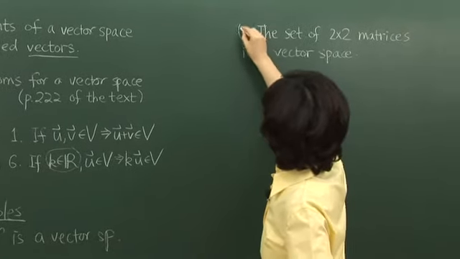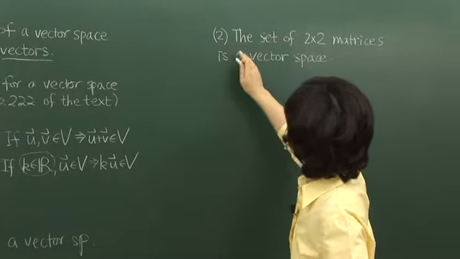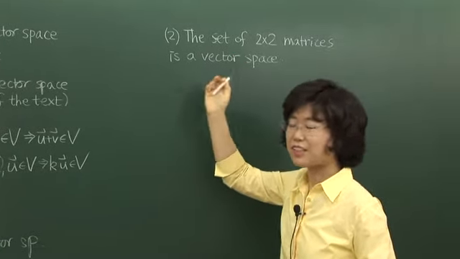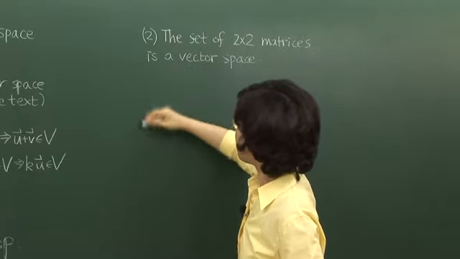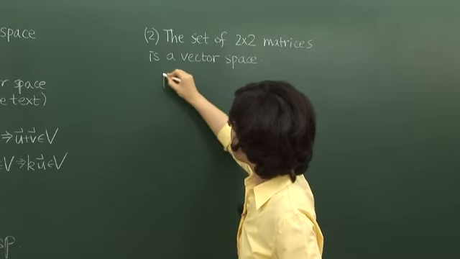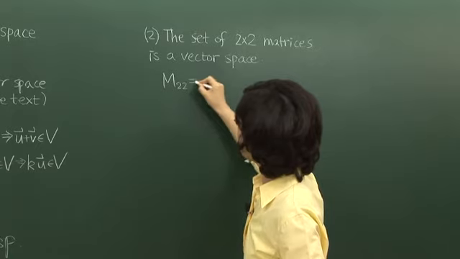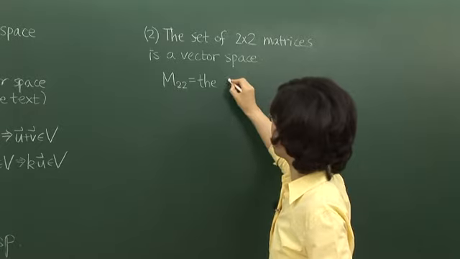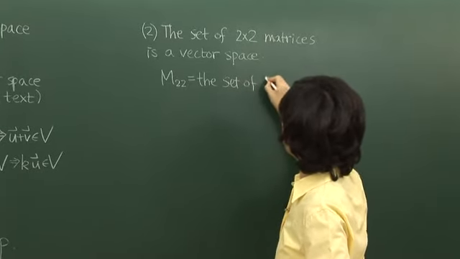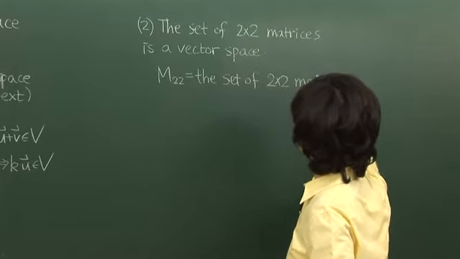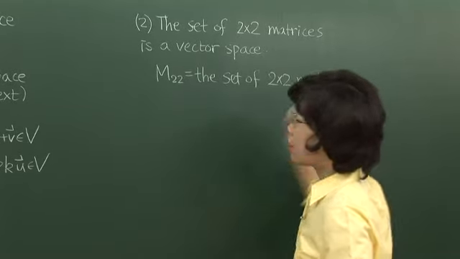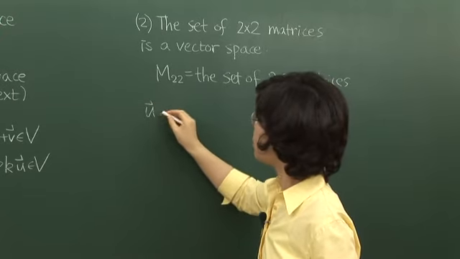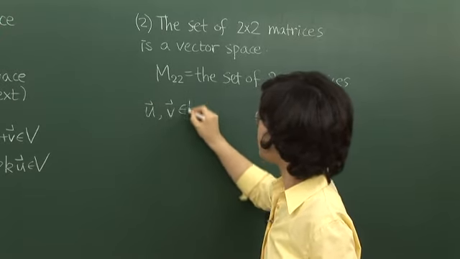Next we see a somewhat unexpected example. The second example of a vector space: the set of all 2 by 2 matrices is a vector space. So let's check some axioms. Let M22 be the set of all 2 by 2 matrices. Now let's choose 2 elements, U and V in M22.